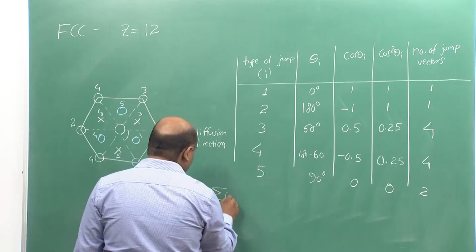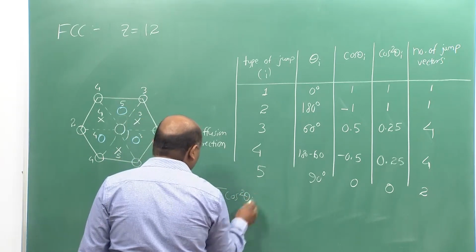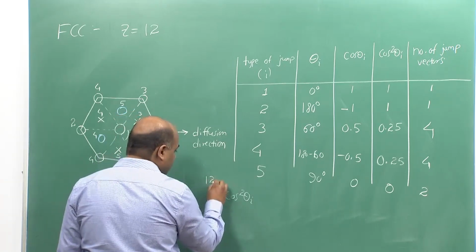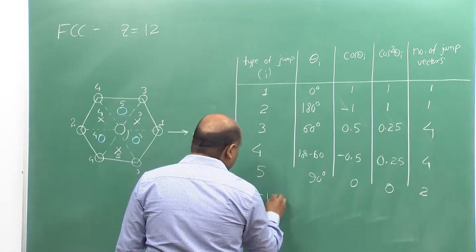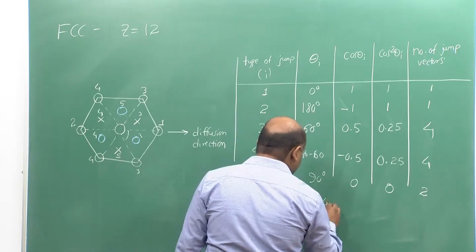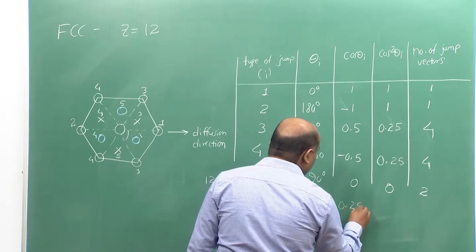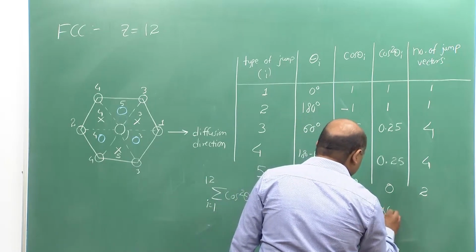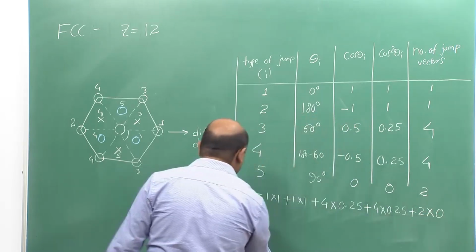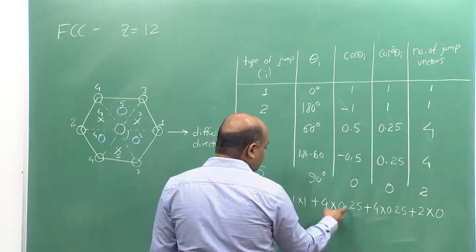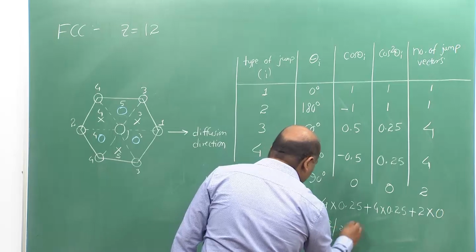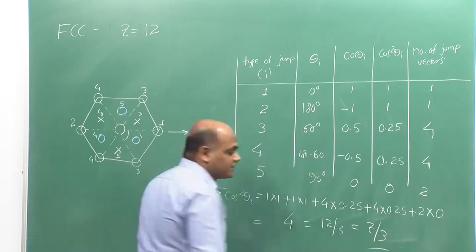So, if you take the summation of cos square theta i, and i varies here for FCC from 1 to 12, we have 1 atom times 1 plus 1 atom times 1 plus 4 atoms with cos square theta of 0.25 plus 4 atoms with cos square theta of 0.25 plus 2 atoms with 0, which comes out to be 1 plus 1 is 2, plus 1 is 3, plus 1 is 4, which is 12 by 3 or simply Z by 3.